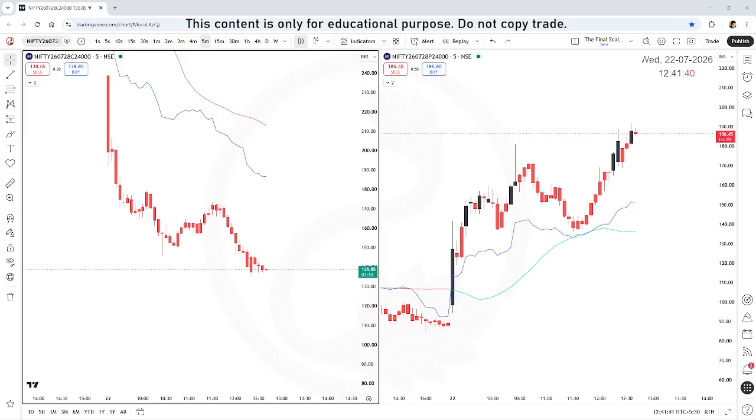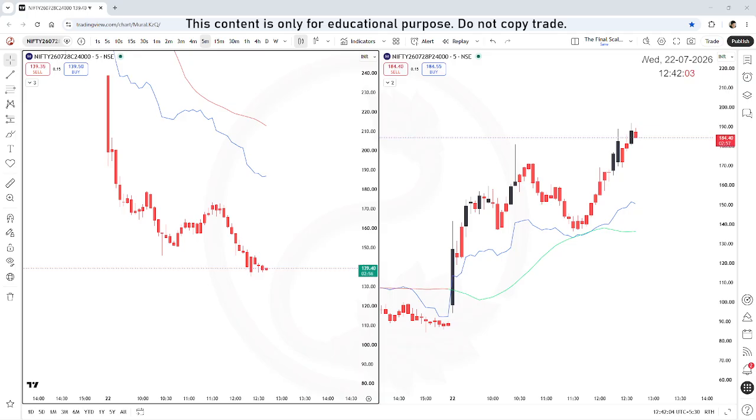Synthetic futures has two words in it, obviously synthetic and futures. Synthetic is something that we create. It's not natural. Generally, when we talk about futures and options, we have future contracts and options contracts, which were designed and created by the exchanges.